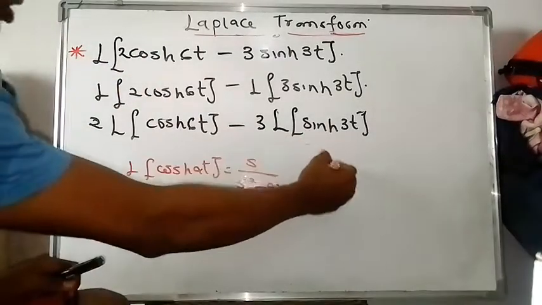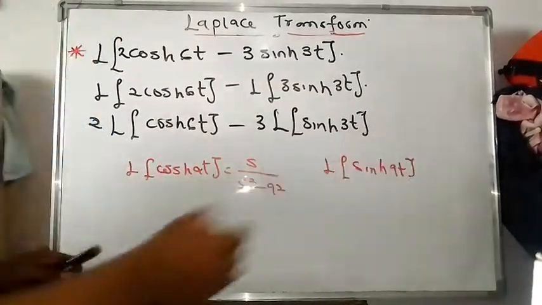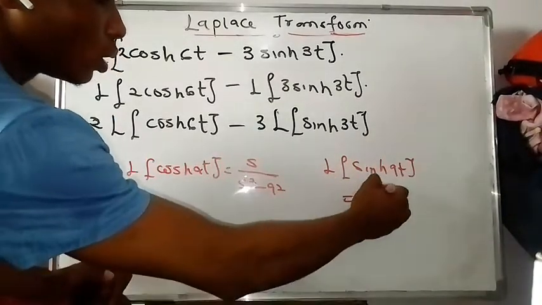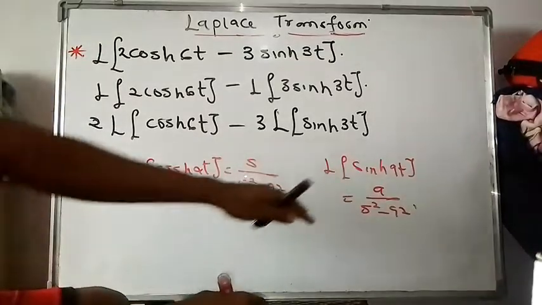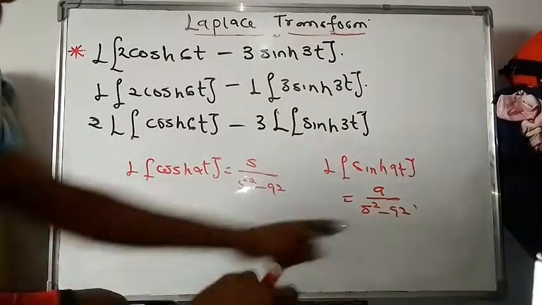And the Laplace of sine at, which we derived in our third video, is equal to a divided by s squared plus a squared. This is also very similar to the Laplace of sinh at, the only difference being the sign.